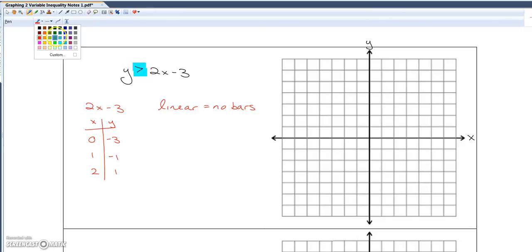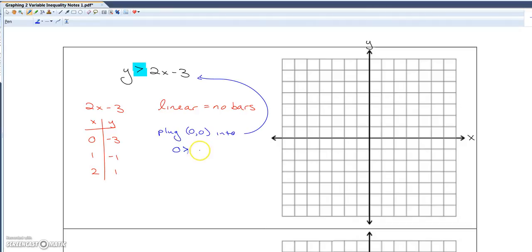Is it true that if I plug 0, 0 in, that this statement is still true? 0 greater than 2 times 0 minus 3.